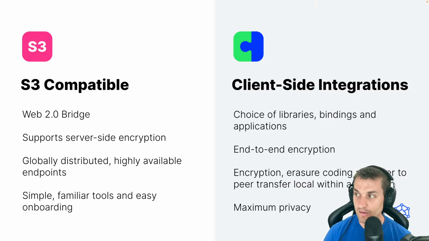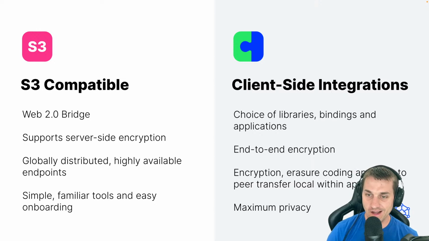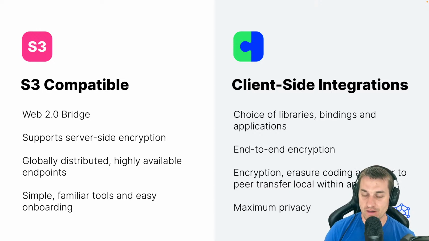You get the global distributed data out of the box there, highly available. And then we covered our Web3 native, the uplink CLI. You can build that directly into your apps, which I showed with the video app. We also have many different bindings for your favorite languages, and I'll show that here in a second.